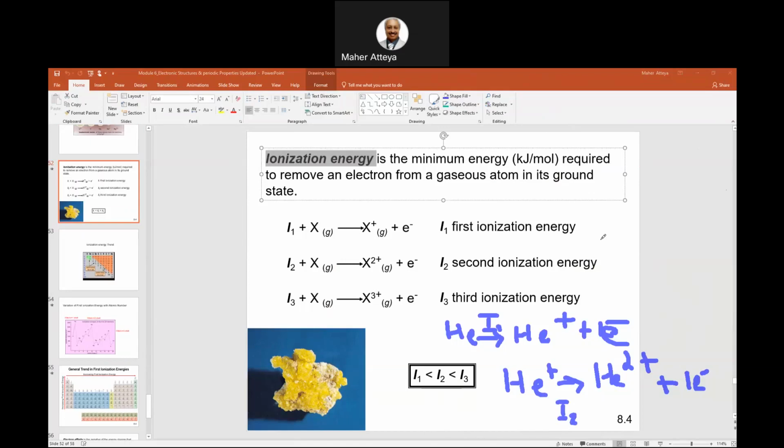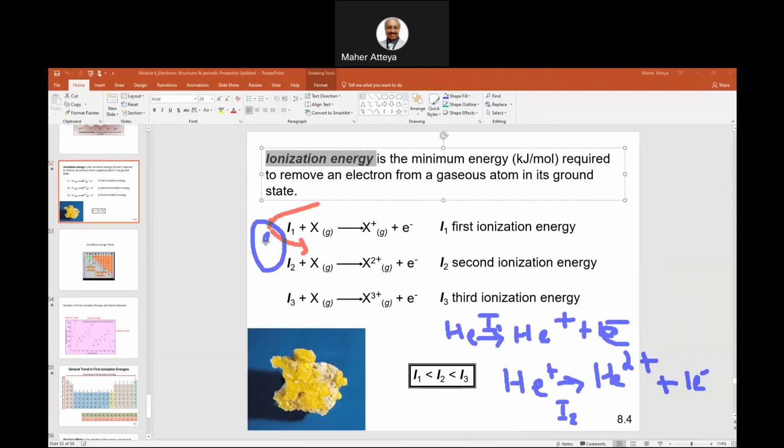Let's visualize this. This is the nucleus of helium, and this is the first orbital. It has one electron here, one here. I'm taking first this one from the first orbital, and then taking this one. Which one will I have to put a lot of energy into?